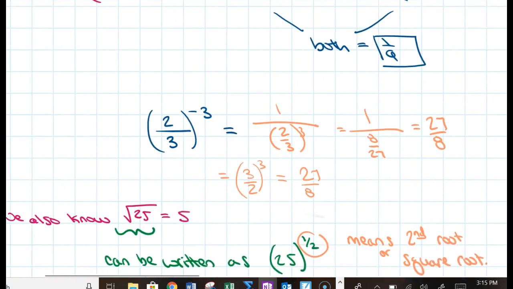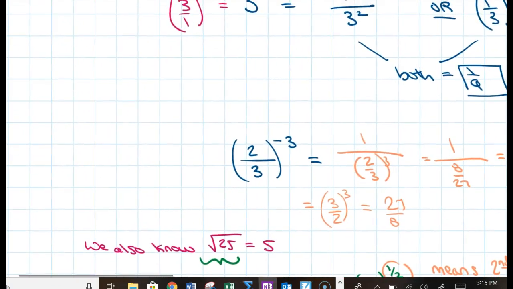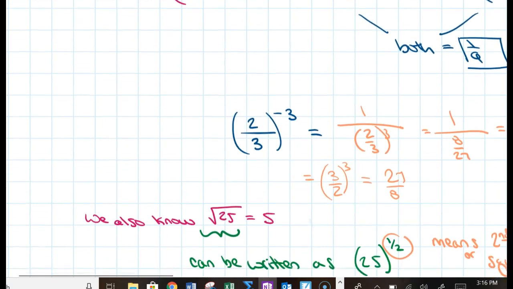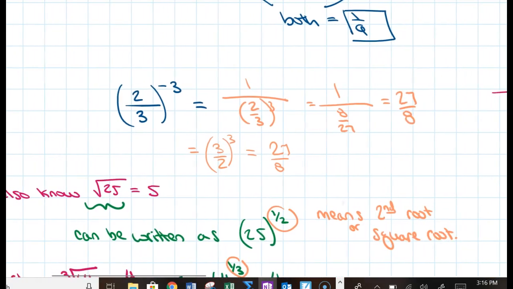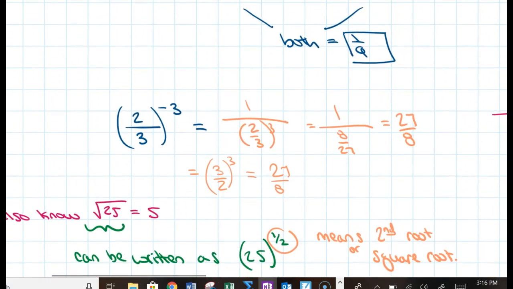The next thing I want to say is that we know that the square root of 25 equals 5. We have traditionally seen square root written this way, but the square root of 25 can also be written as 25 raised to the power of 1/2. Here we have a fraction or rational exponent, 25 to the 1/2.